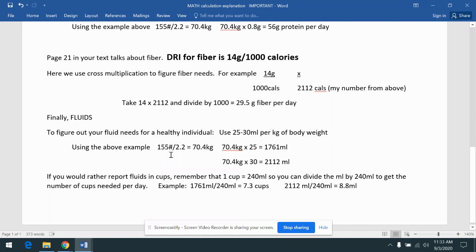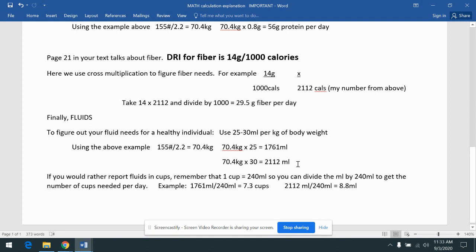So same thing, I took 155 pounds, I divided by 2.2, I got 70.4 kilograms. I'm going to multiply that by 25. I get 1,761 milliliters. I'm going to multiply it by 30. I get 2,112 milliliters. So these are the fluid needs for a 155-pound person that they need per day.